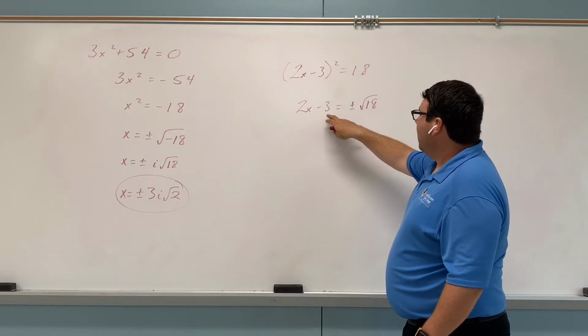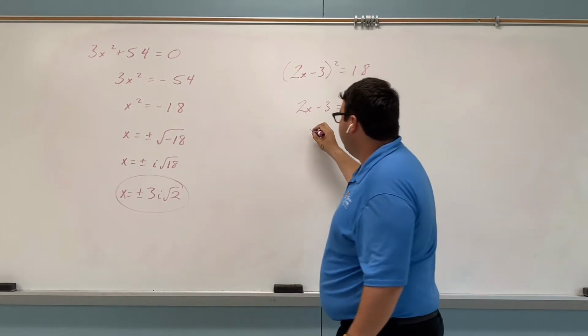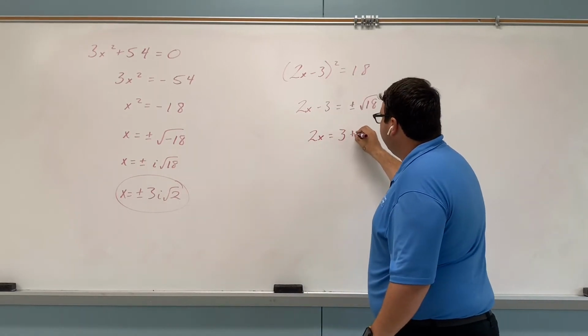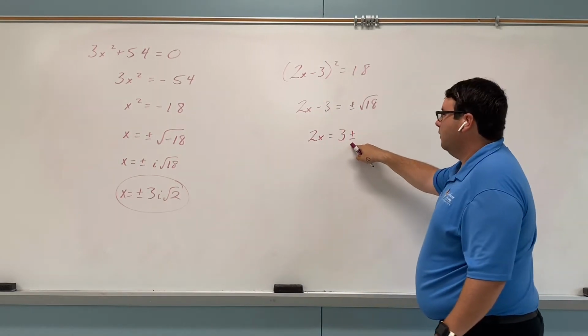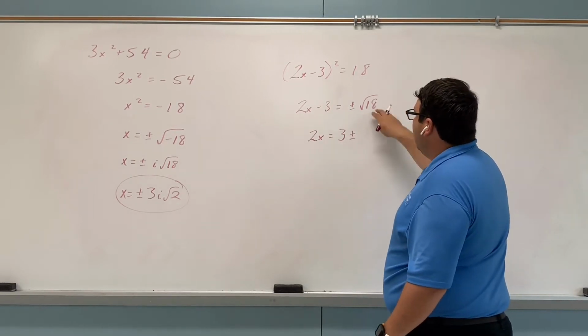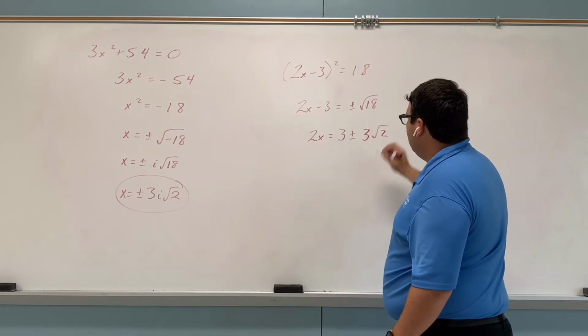At this point, I am going to move this 3 over, and I want you to be very careful and see how I do that. The 3 goes in front of the plus minus sign, so it goes in front of this operator of plus and minus. I'm going to simplify my 18 at the same time. This is going to be 3 square root of 2.